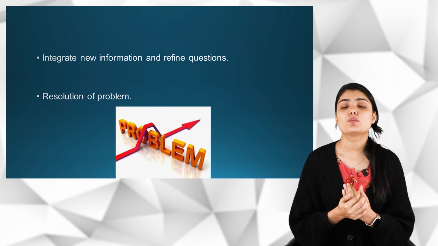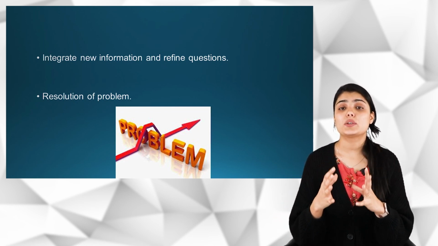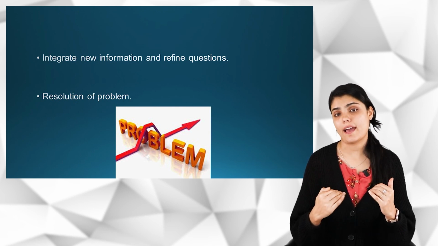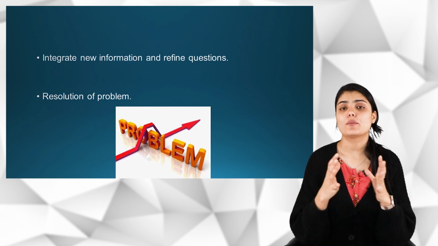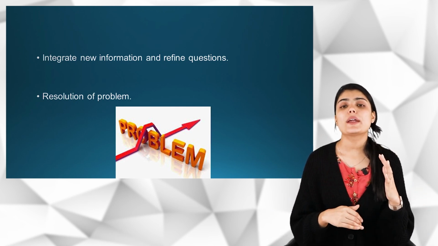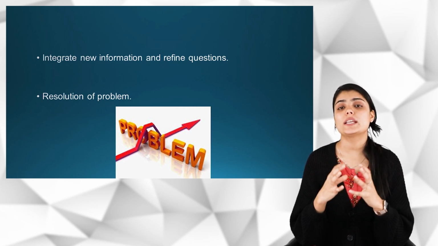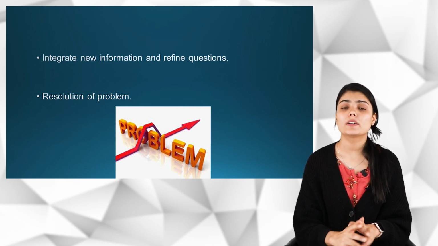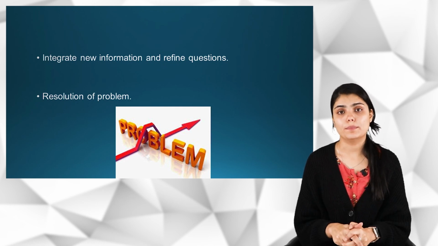Then they research more on the problem, right? They summarize it and analyze what they have found. And finally, they prepare a report on the entire problem. Once they have prepared the report, they also integrate whatever new information and knowledge they have gained on the topic. And finally, it leads to resolution of the problem.